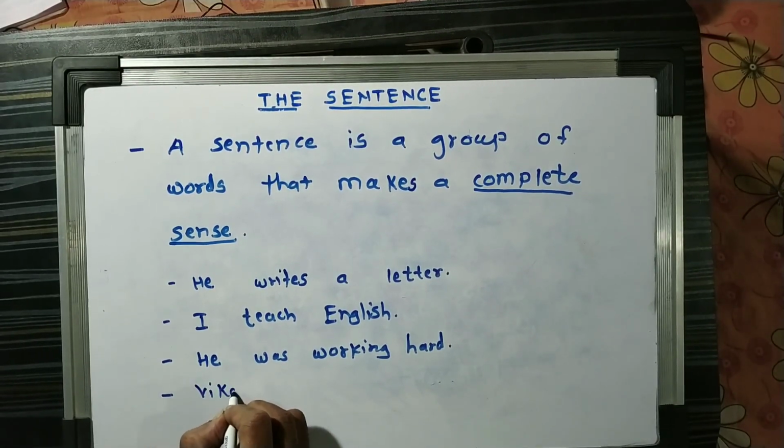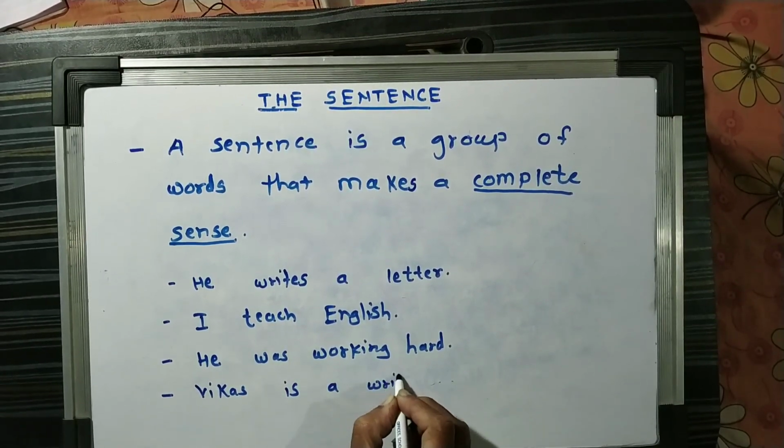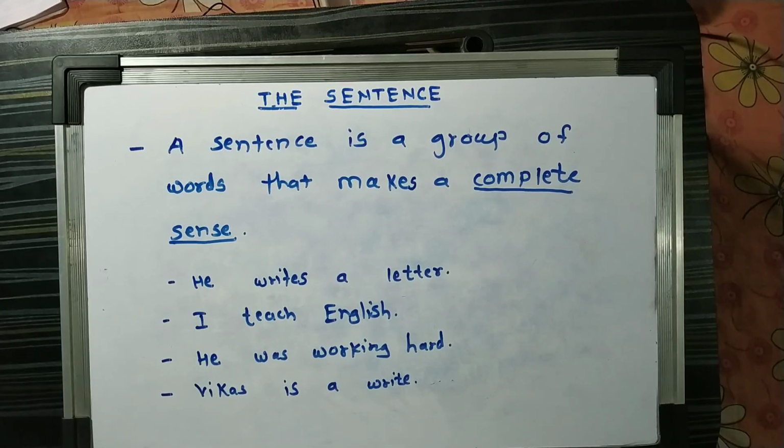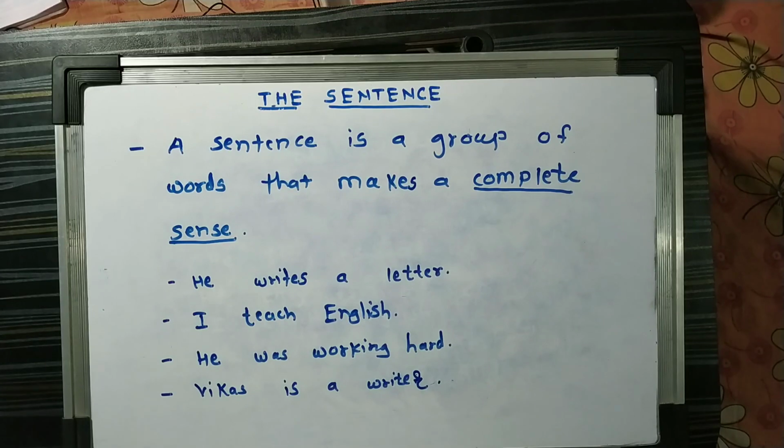And one more example I will take here. Vikas is a writer. Now let's read this group of words together once again. Vikas is a writer. Now after reading this group of words, we are able to get a complete sense. This group of words is making us understand that something is being conveyed about Vikas, that is, he is a writer.